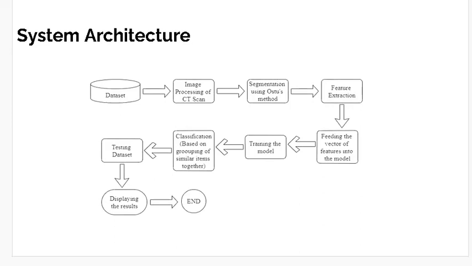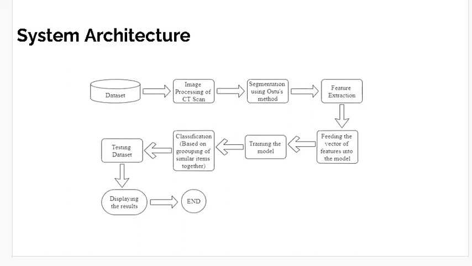System architecture. In this system architecture, we have the dataset. Take the image from the dataset and do image processing of the CT scan. Segmentation based on the images.